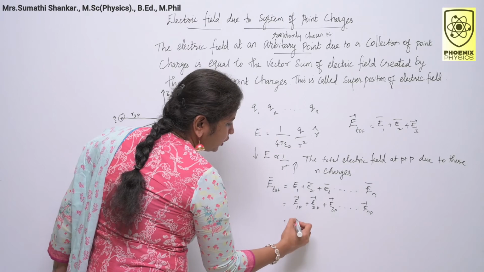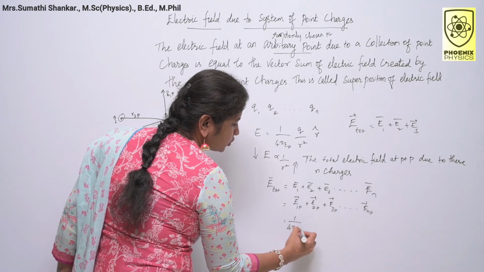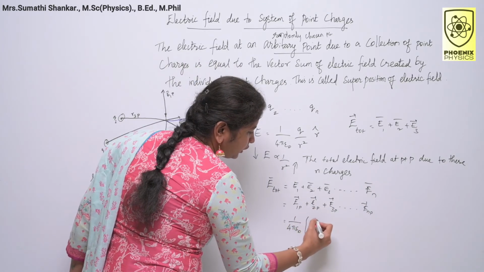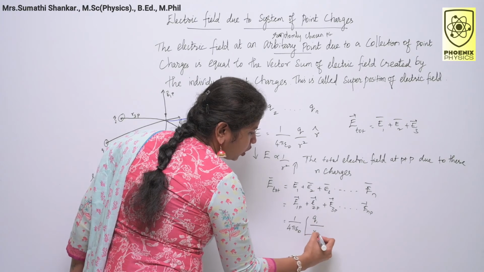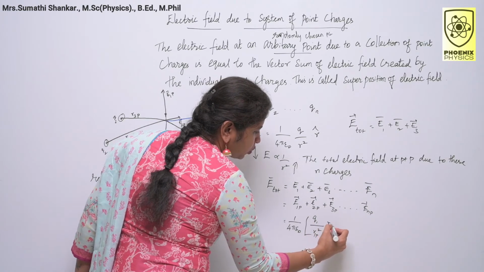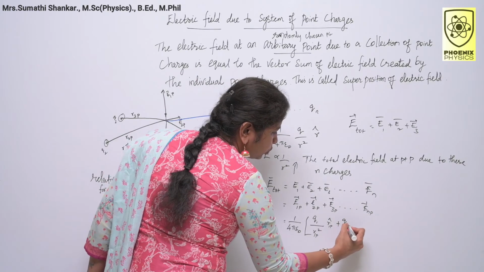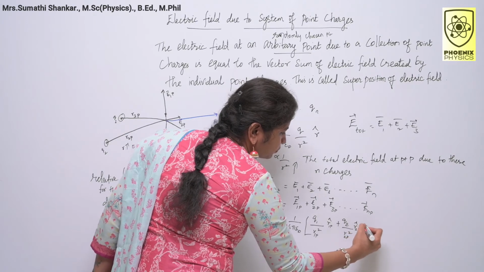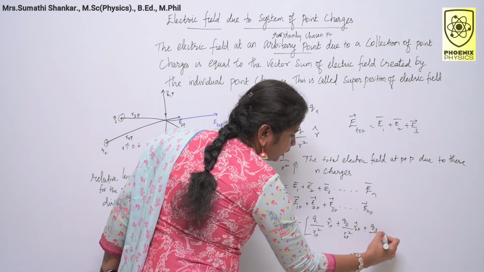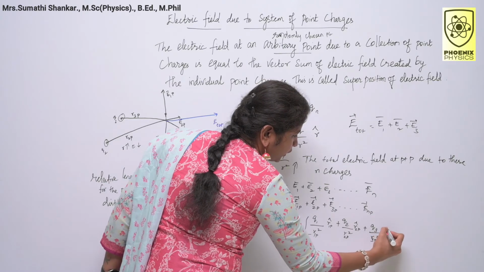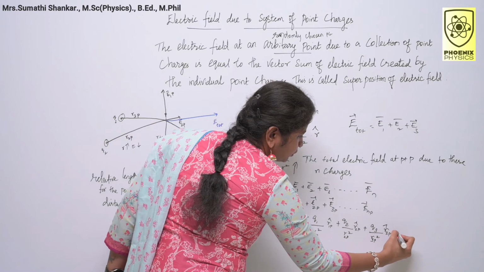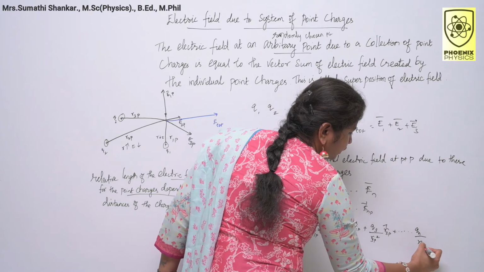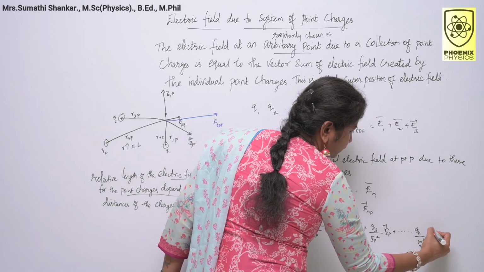Now apply the formula, that is 1 by 4 pi epsilon naught. This is common for all the electric fields. So take it outside. So the remaining terms: Q1 divided by R1P the whole square R1P cap, plus Q2 divided by R2P the whole square R2P cap, plus Q3 divided by R3P square R3P cap, up to Qn divided by RnP square RnP cap.